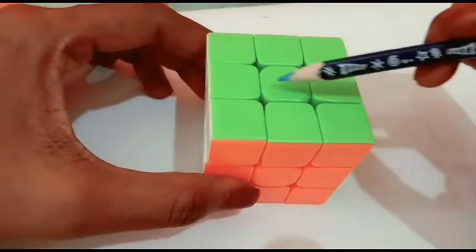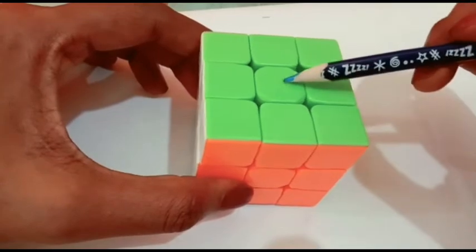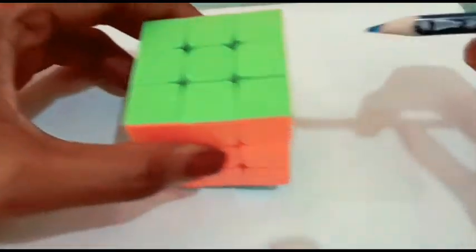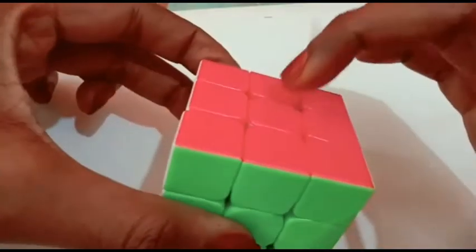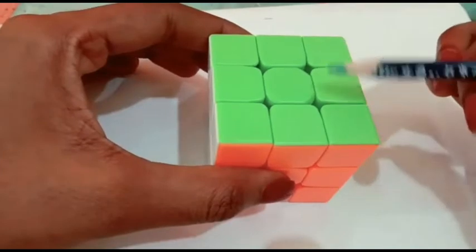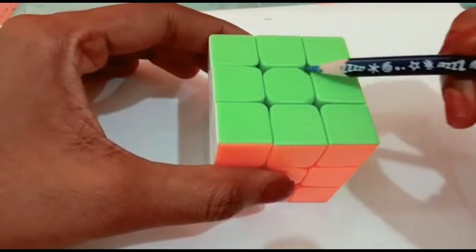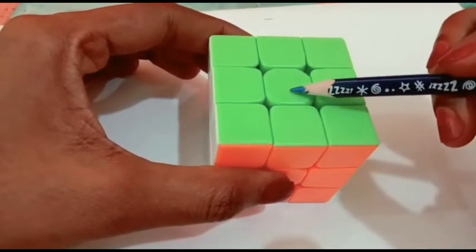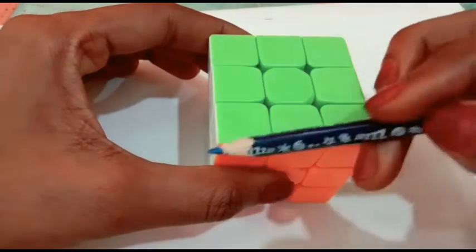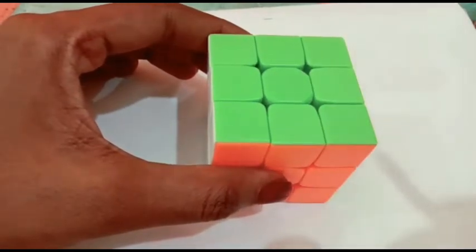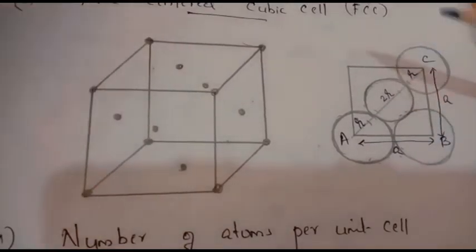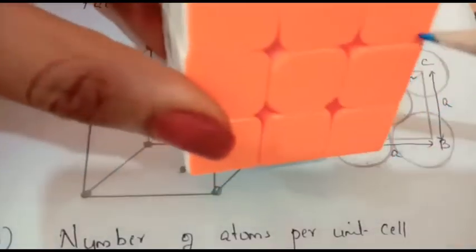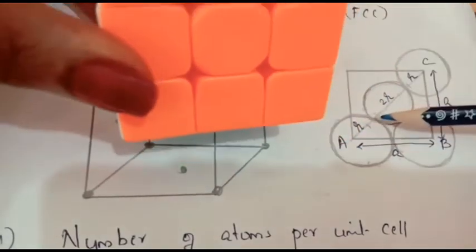So how many face centers will be there? This one is 1, this one is 2, here 3 and 4, here 5, then the bottom 6. So total 6 faces are there, and atoms will be present at the centers of all 6 faces and all 8 corners. This is a representation of one face, only this single face is shown here.